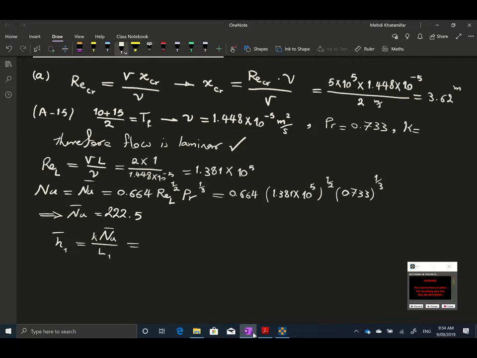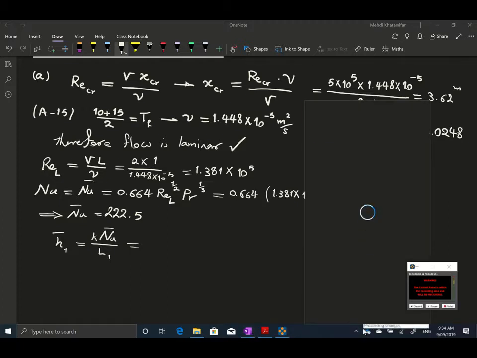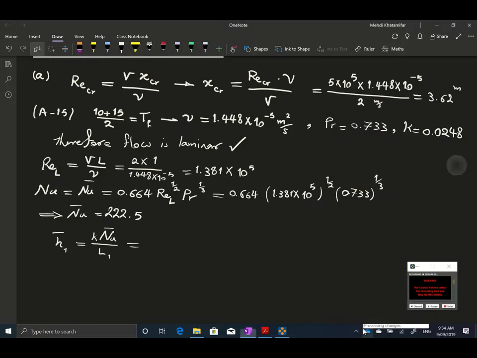which is going to be K for air, from table you need to find, 0.0248 watt per meter Kelvin.